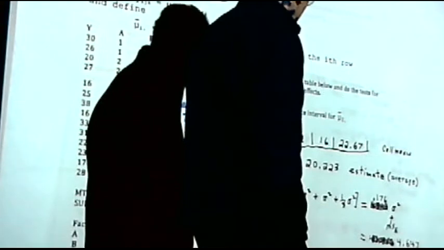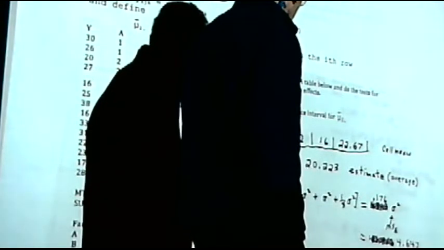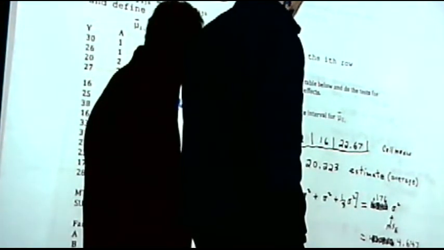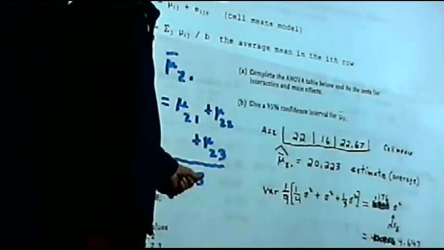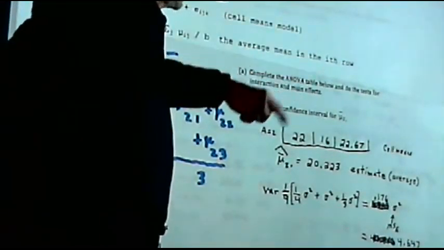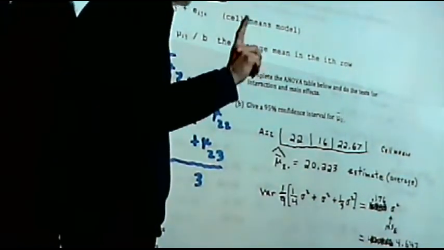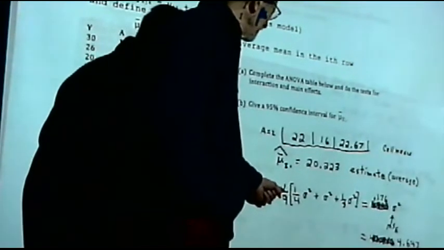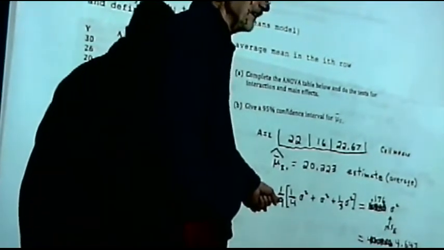Now, when I was working out for the confidence interval, the variance of this thing, I forgot the 1/9. I forgot the 1/9 from the 3 over here. So insert it on your page, because I didn't want to send it all back to the copy queue and redo the copying all over again. So on your copy, insert the 1/9 there.